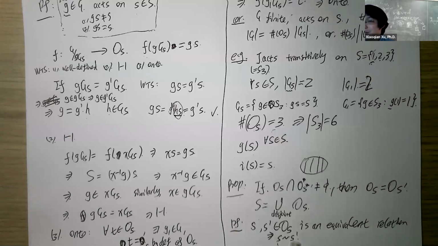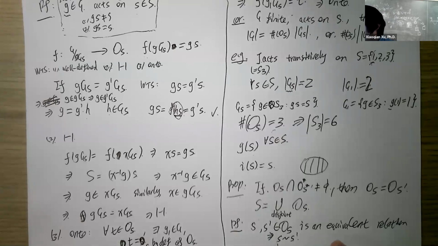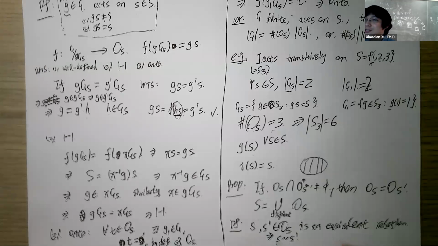S is equivalent to itself, and if S is equivalent to S prime, then of course S prime is also equivalent to S, because S equals G times S prime, then S prime also equals G inverse times S. If S is equivalent to S prime, and S prime is equivalent to S double prime, then of course S is equivalent to S double prime. Okay, because it's just two elements of G, and the multiplication is also an element of G.